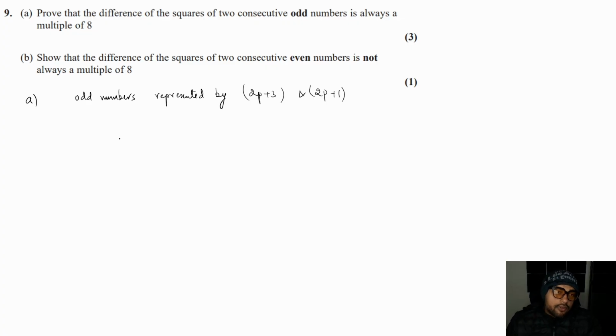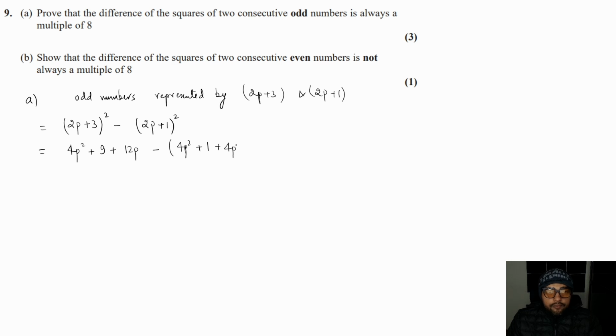In the first part, they have asked for the difference of the squares of two consecutive odd numbers. So (2p plus 3) whole squared minus (2p plus 1) whole squared. We need to calculate this. We get 4p squared plus 9 plus 12p minus 4p squared plus 1 plus 4p.